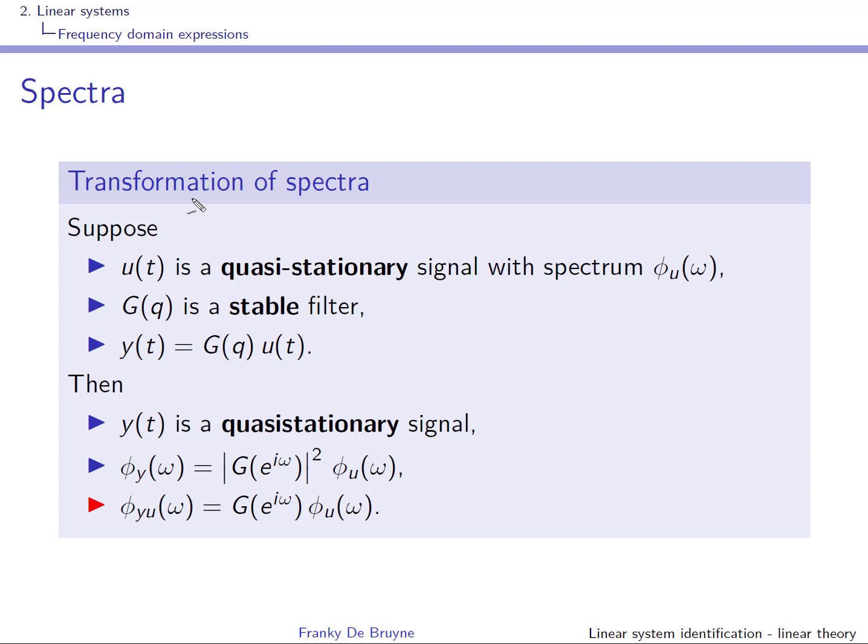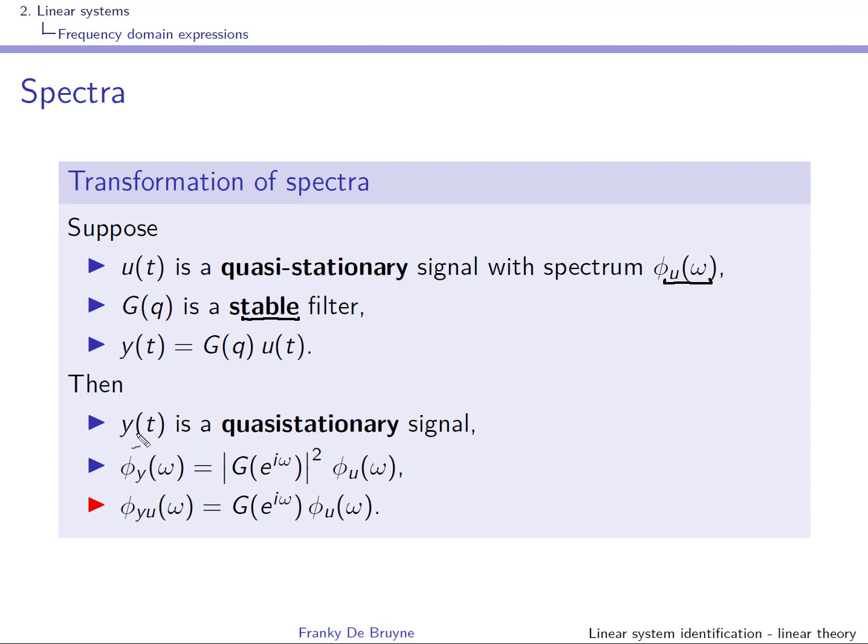So here we assume that u of t is quasi-stationary, and we have defined this previously, and that u has a given spectrum phi of u, and what we consider is y of t equal to G u. So y is obtained by filtering u through this transfer function, and obviously we'll assume that the filter is stable.